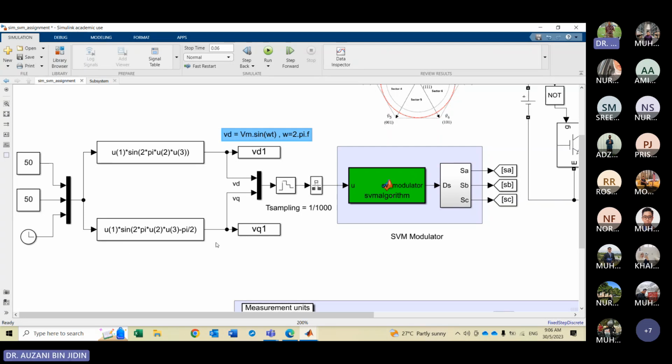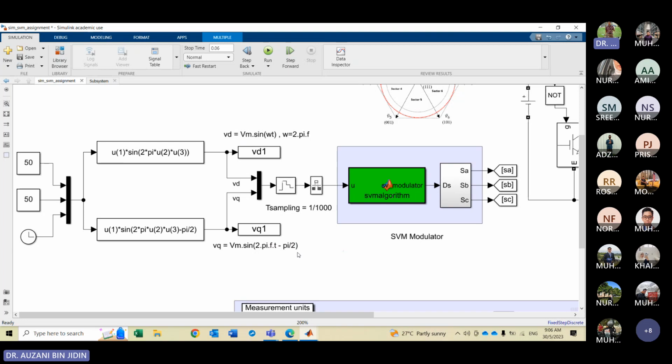So then to generate the VQ signal, for the bottom function block, VQ equal to Vm multiplied by sine open bracket 2 pi f t, then you must put minus pi divided by 2.